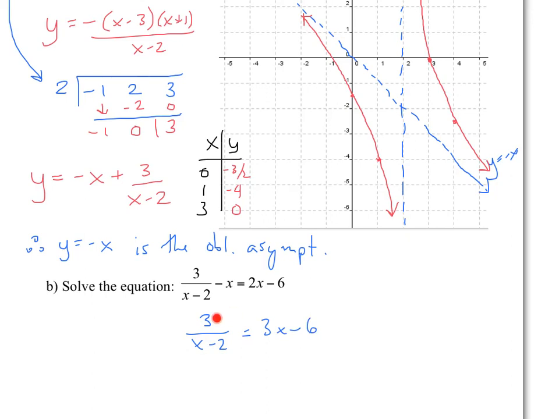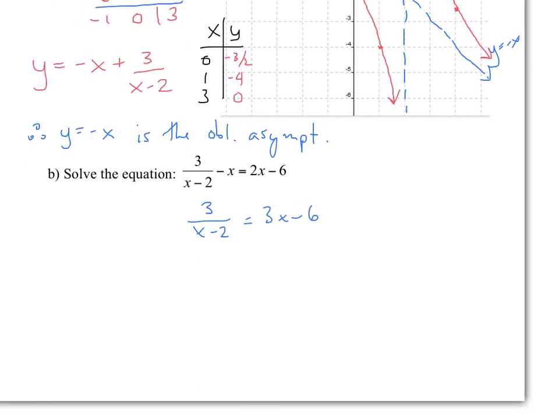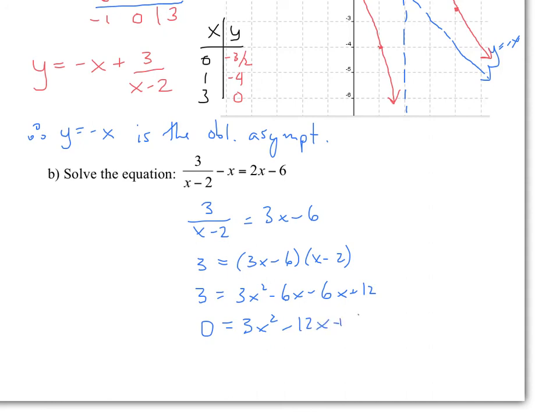Okay, so I'm going to multiply x minus 2 on both sides here. So you have 3 equals 3x minus 6 times x minus 2. Expand that out, so you have 3x squared minus 6x minus 6x plus 12. 0 equals 3x squared minus 12x minus 3, so plus 9.